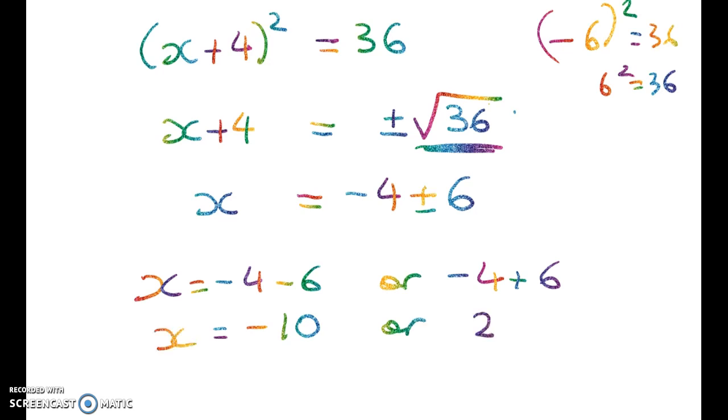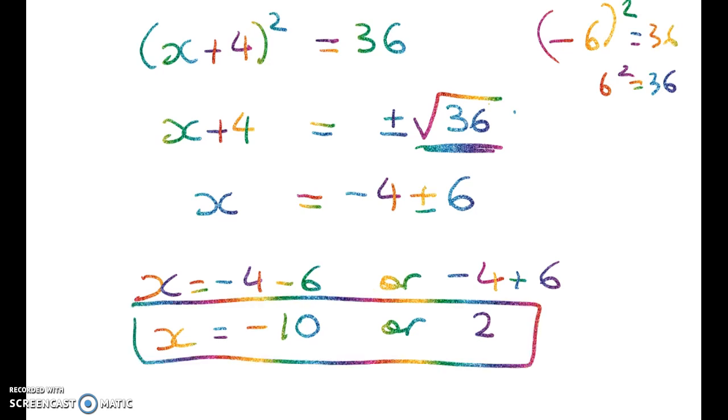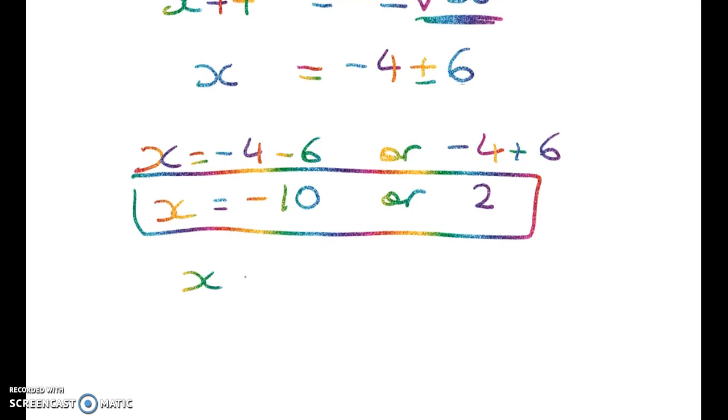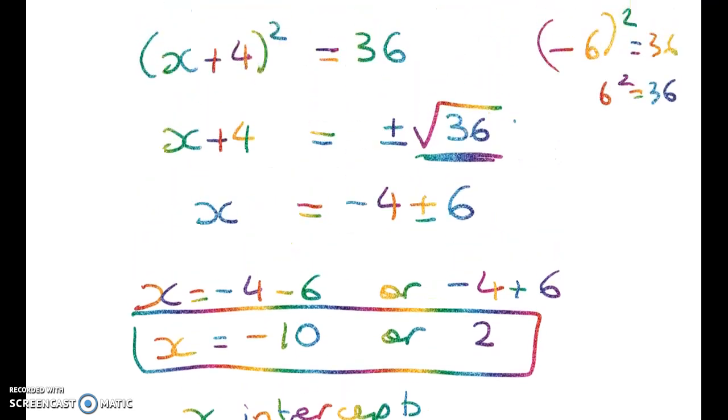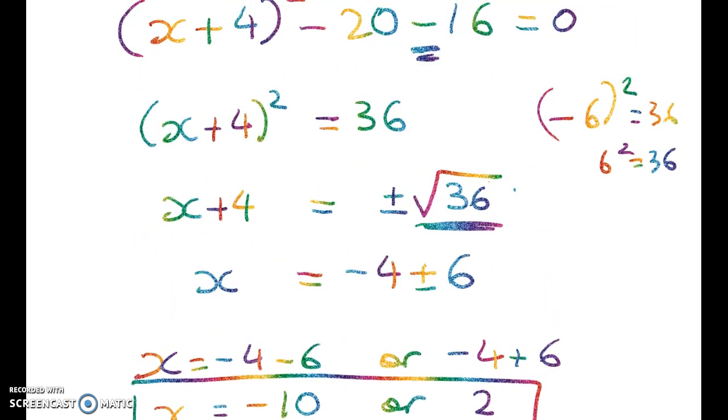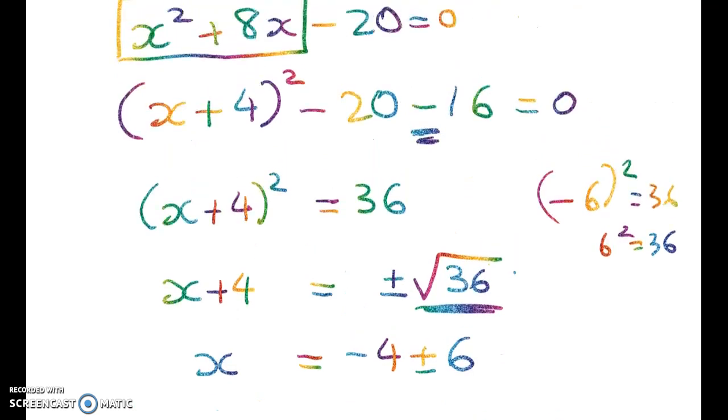Now there are a couple of interesting things about the graph that we can see now. These 2 solutions are my x-intercepts, which we also call the roots of the equation. But we can also go back and look at the equation written here.